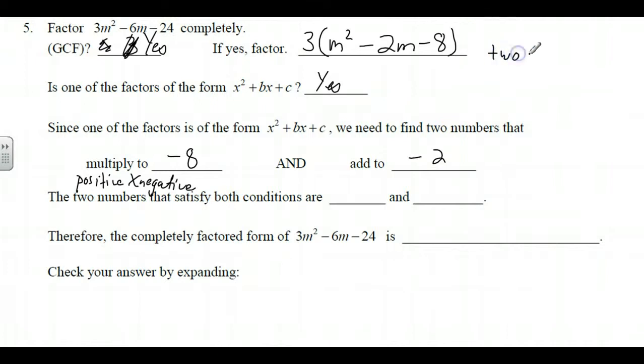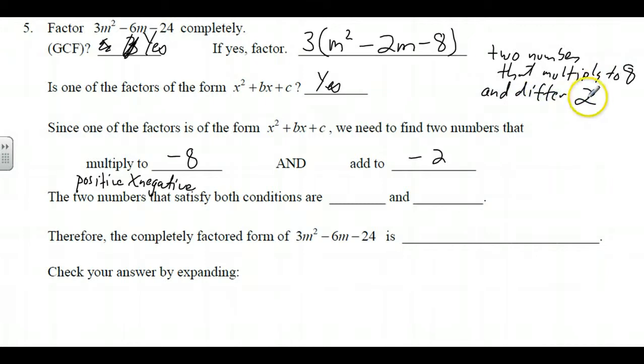Two numbers that multiply to 8 and differ by 2. So instead of saying add to negative 2, I say they differ by 2. And I know that the larger number has to be negative, right?